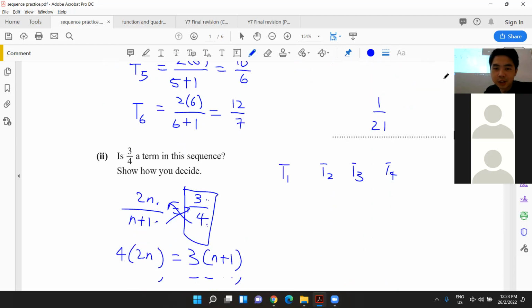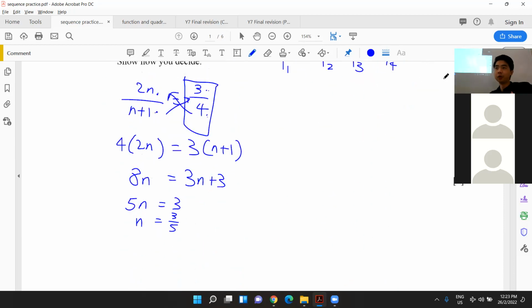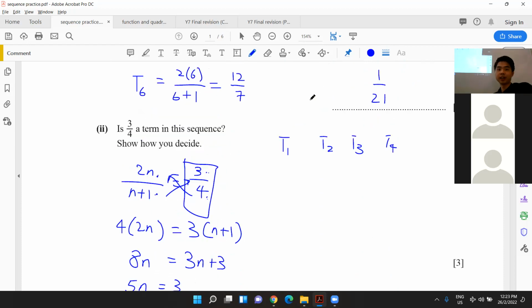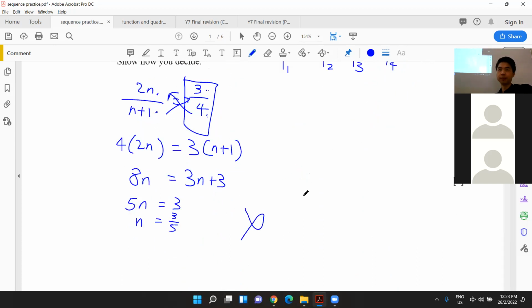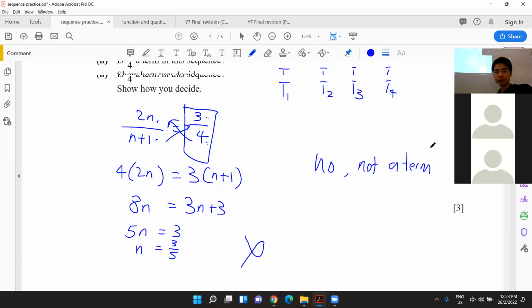Yeah, it does actually. But we are never looking for a fractional term. It's either term 1, term 2, term 3, and we will not look for term 1.5 like that, right? So the answer to this is no, it is not a term. Okay?